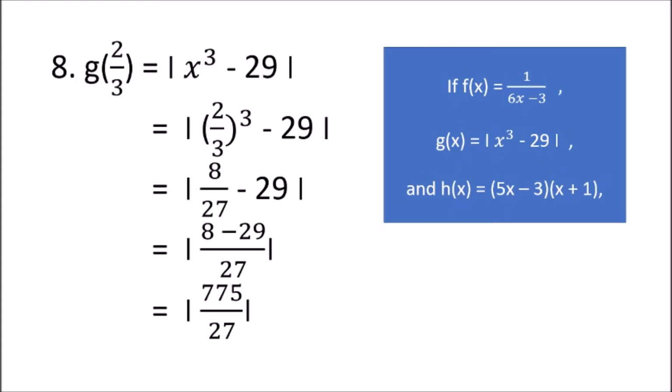In this problem, the value of x is 2/3. After substituting the value of x to the given expression, this becomes the quantity of 2/3 raised to 3. This means we are going to multiply both numerator and denominator thrice because the exponent is 3.